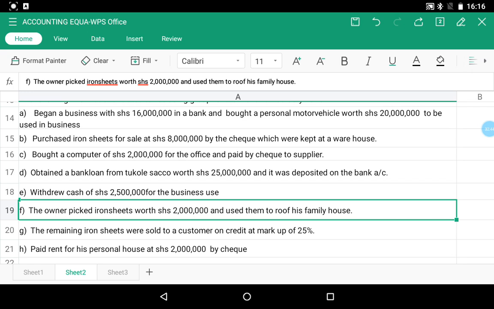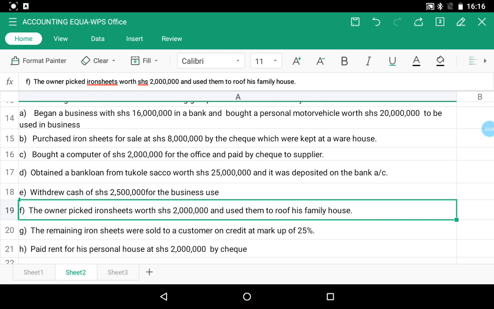As long as it is not for business purpose, that means you are reducing the amount in business. If it is inventory or a commodity, it means you are reducing inventory.